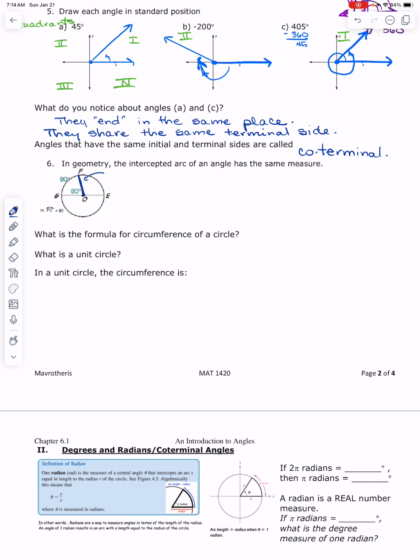A radius, that is the distance from the fixed center point of a circle to a point on the circle.